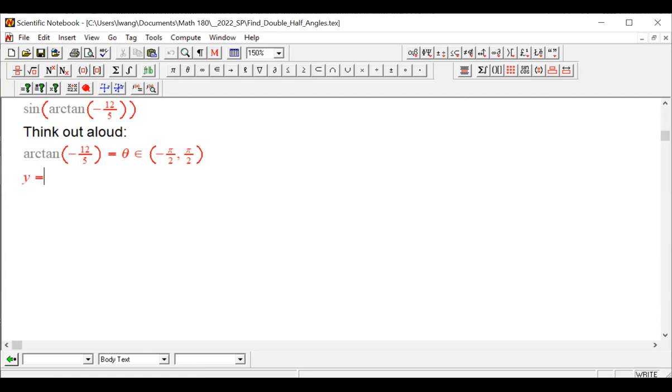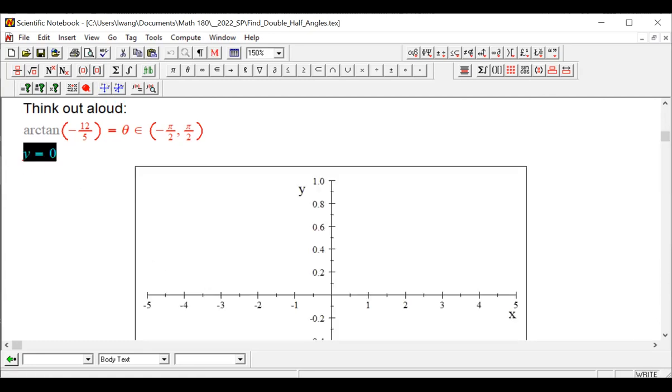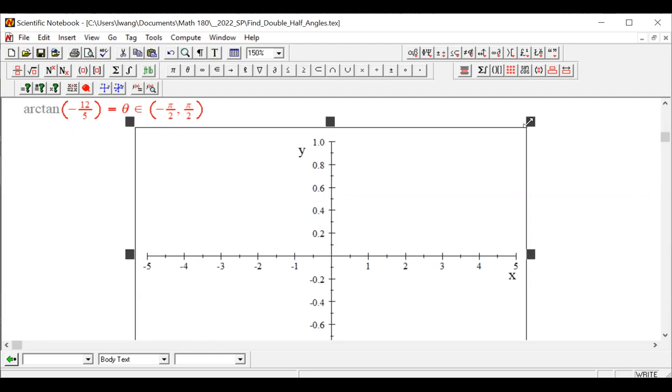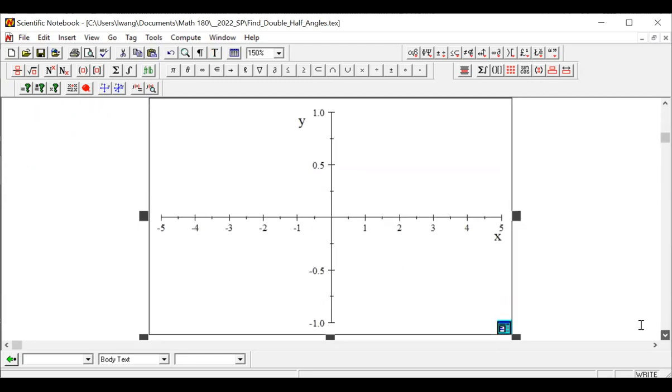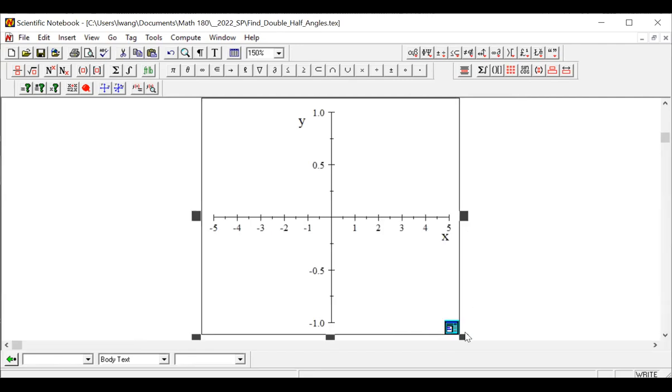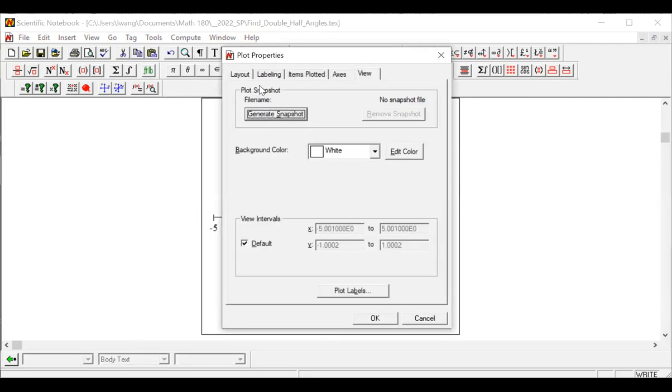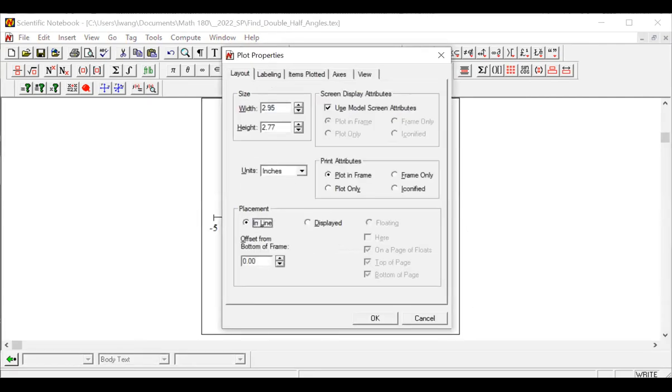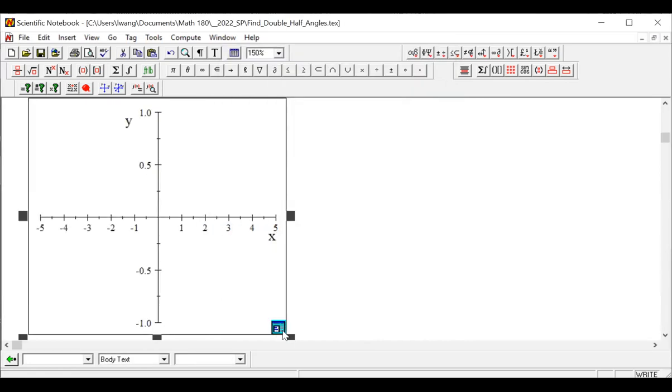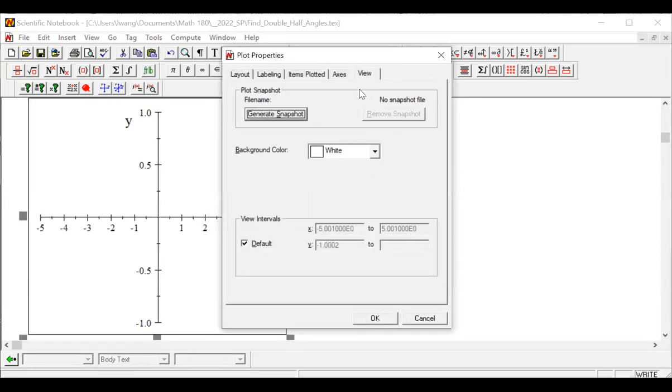I'm going to set up the rectangular system. I anticipate this triangle is not special, and it's just a 5, 12, 13 triangle.